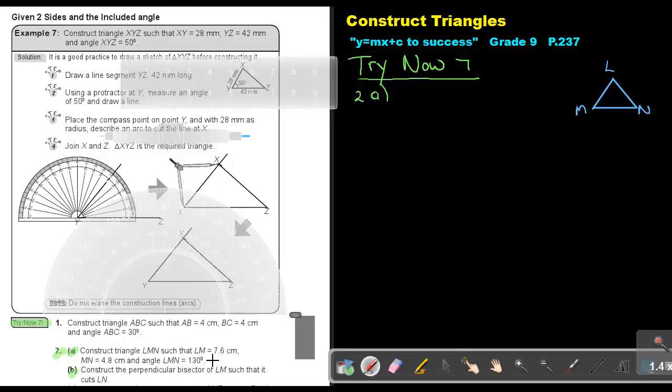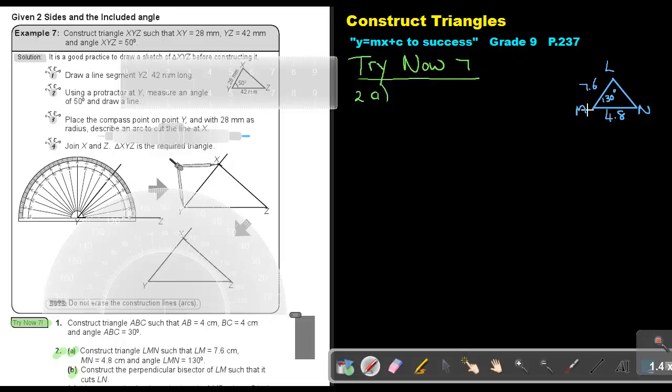Such that LM is 7.6, MN is 4.8. I hope mine is going to work, otherwise we will do an adjustment. And angle LMN, oh, this one is going to be big, 130. So it's again two sides with an included angle.